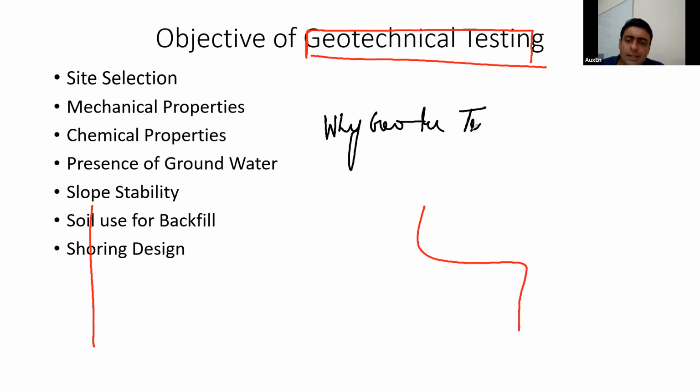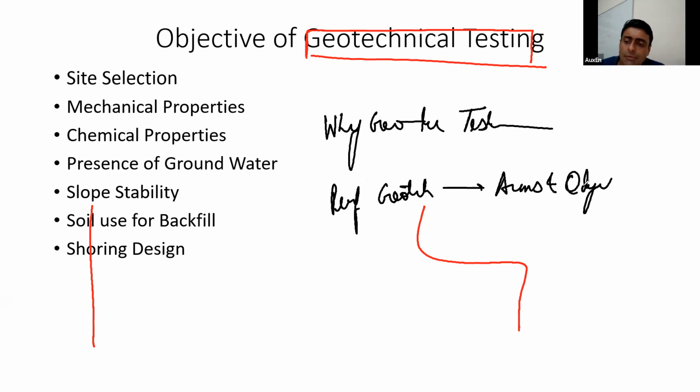Now, when we go to site to perform geotechnical investigations, what are our aims and objectives? What is it that we want to achieve through these geotechnical investigations? That we will start from tomorrow. So the aims and objectives we will see tomorrow.